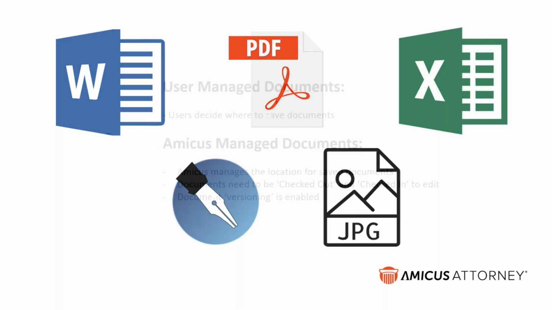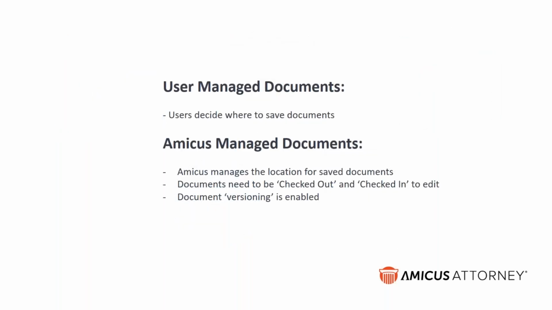Now, in Amicus Attorney, there are two main methods of document management: user managed and Amicus managed. The most common method is user managed. The documents exist on your document server as Word documents, WordPerfect documents, PDFs, JPEGs, etc. And Amicus makes a shortcut to those documents.